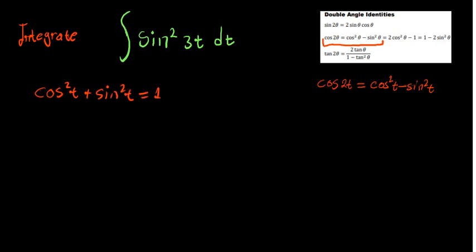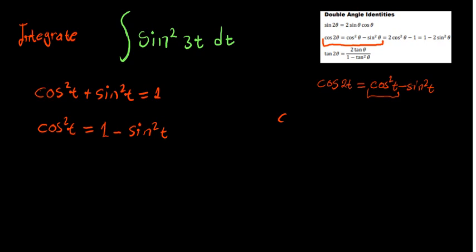Since I'm trying to make sine squared t the subject of the formula, I need to substitute this cos squared t with something. So I'm going to make cos squared t the subject of this Pythagorean identity, which is just equal to 1 minus sine squared t.